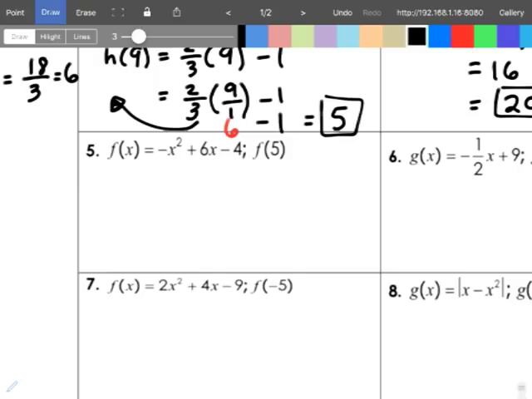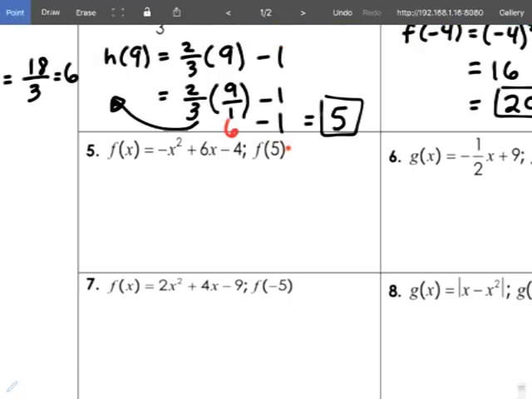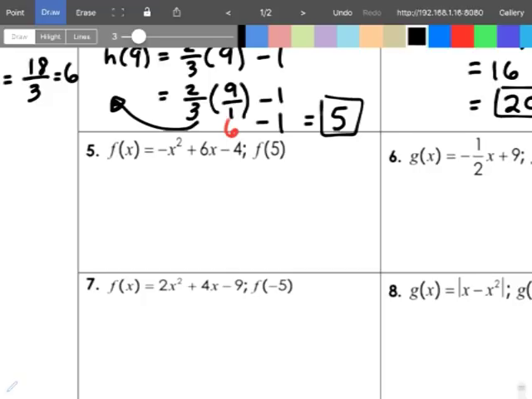Now another thing. So notice that f of 5 here, we're plugging this in for x everywhere we see x, right? Now notice this negative sign. So I'm going to say, okay, f of 5, I'm plugging in 5 everywhere I see an x. Negative, I'm going to keep that there. But my actual number here is a positive 5.